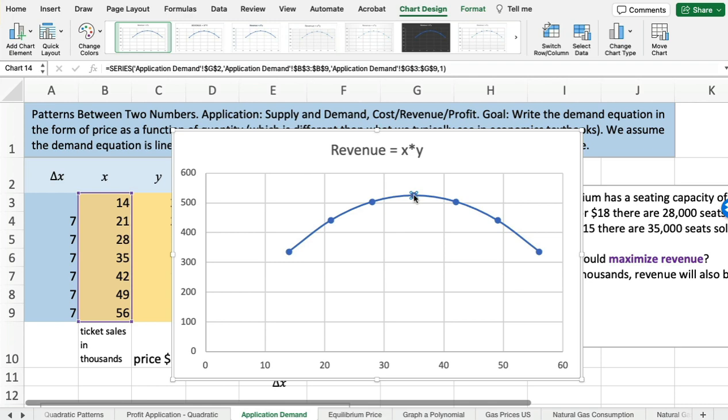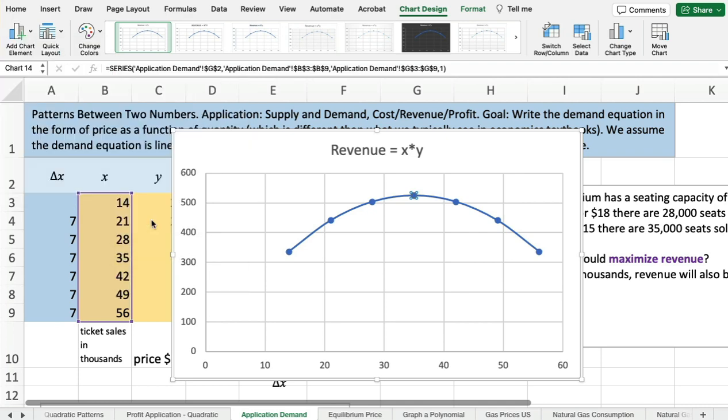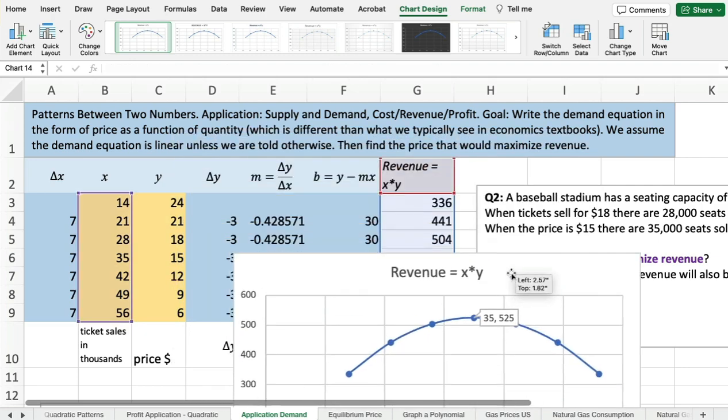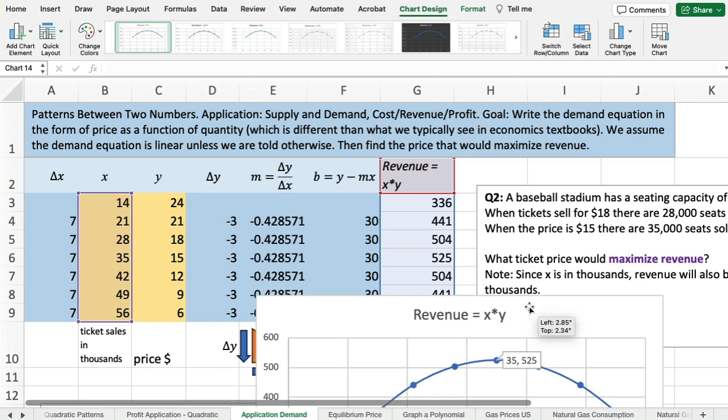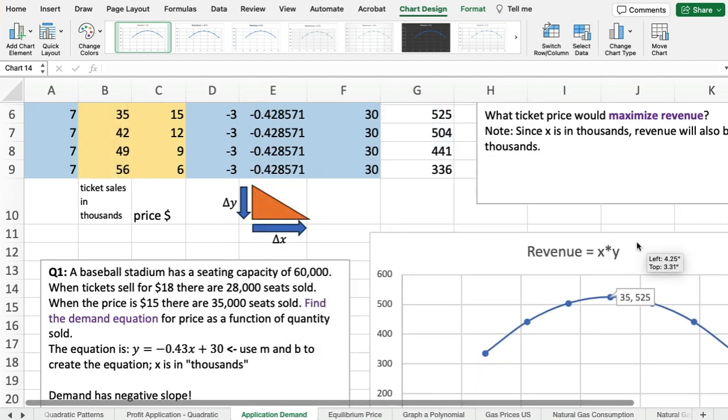It occurs at the point that had 35,000 in sales. Let's put our data value on that. That is the point 35, 525. Now, that doesn't tell us what the price is, it just tells us that we do have a vertex there, which is in fact our maximum.